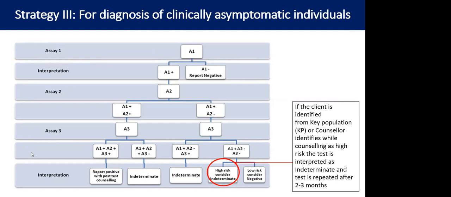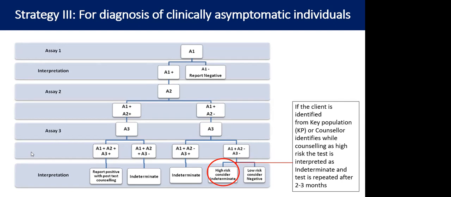This is the interpretation. Similarly, when A1 is positive but A2 is negative, you go for the third test, A3. If A1 and A3 are positive and A2 negative, then once again you call it indeterminate. But if only A1 is positive and A2 and A3 are negative, then you need to look into the profile of the client or the patient.